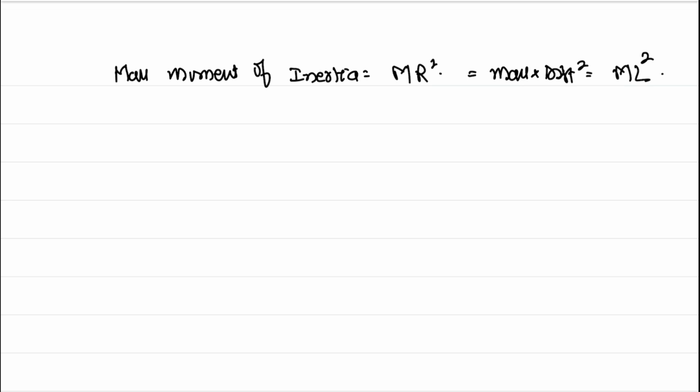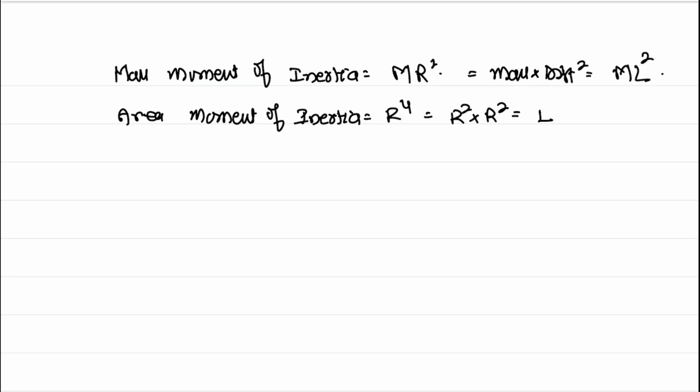Now this is mass moment of inertia. What is area moment of inertia, or second moment of area? R to the power of 4, that is r square into r square, that is L to the power of 4.